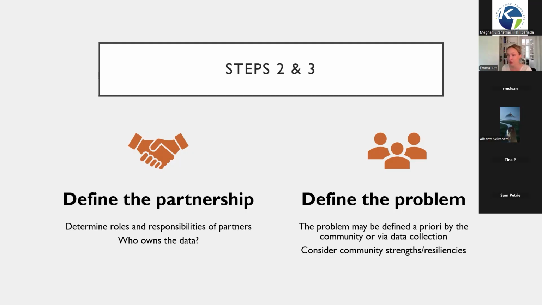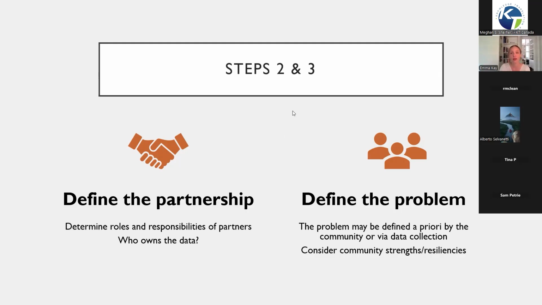Is it informed by data you've collected, data that exists in their organization? It can come from a lot of different places. And of course, I always like to highlight that while there's always a problem that we address in research, there are also always strengths and resiliencies that exist within a community, and you want to highlight those as well.